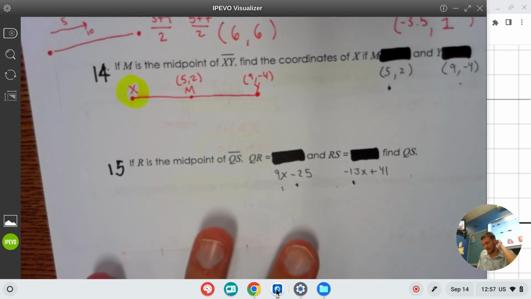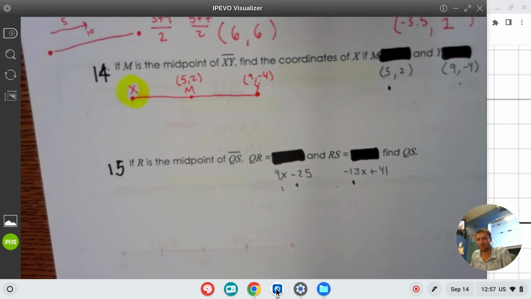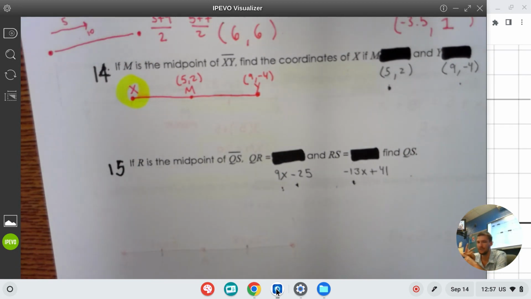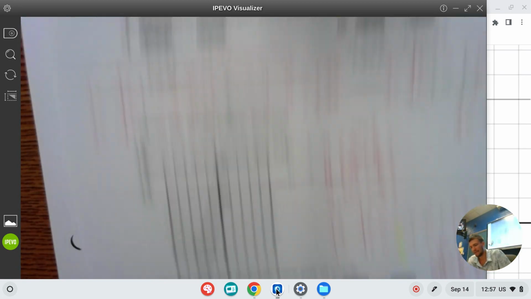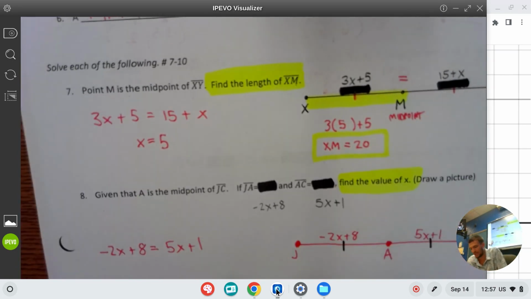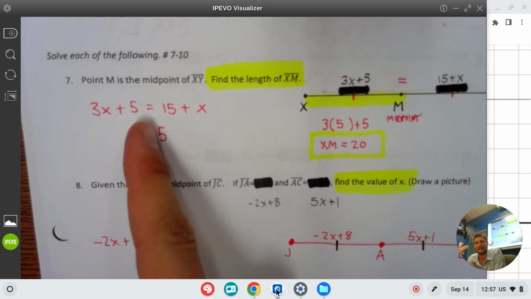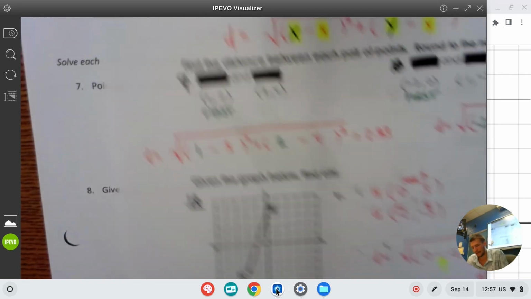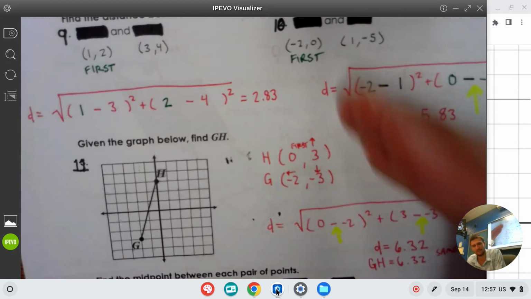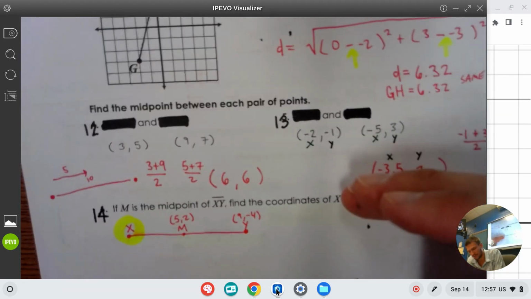Okay? These are, for sure, the most thinking that you're going to have to do on this whole quiz, right? The vocab, you either know it or you don't, right? The midpoint stuff we did on the front, you just literally slap an equal sign in it and type it in a Desmos, okay? Over here, you just plug the numbers in. Midpoint formula, you just plug the numbers in.